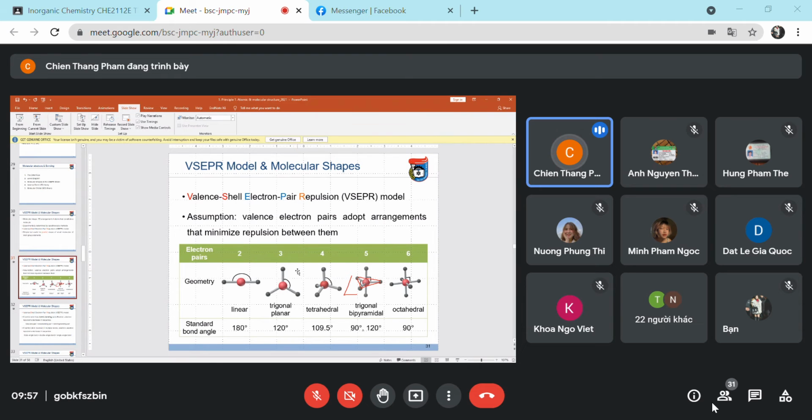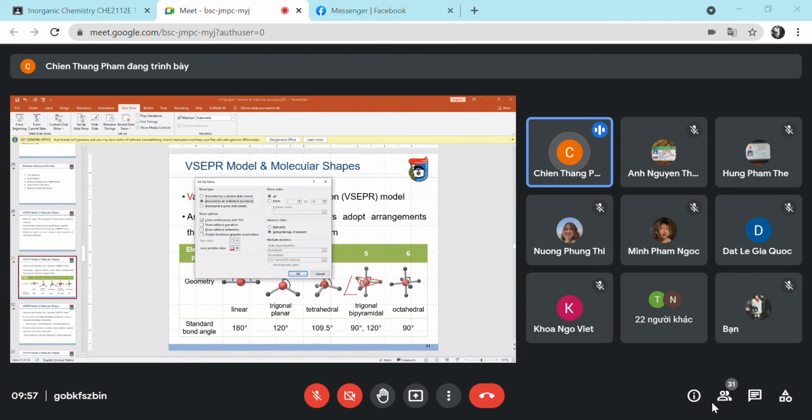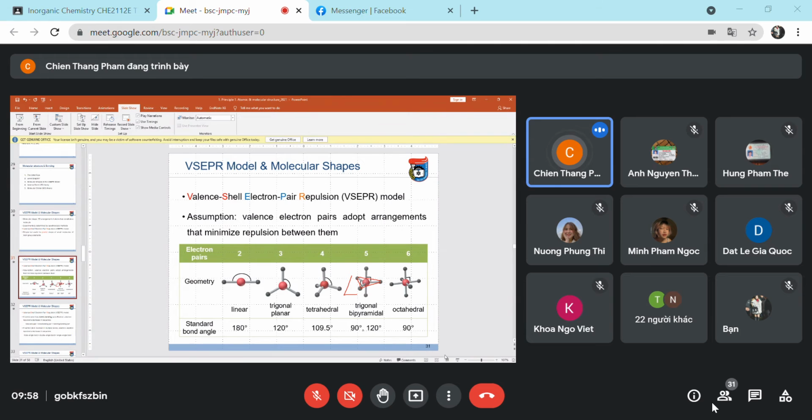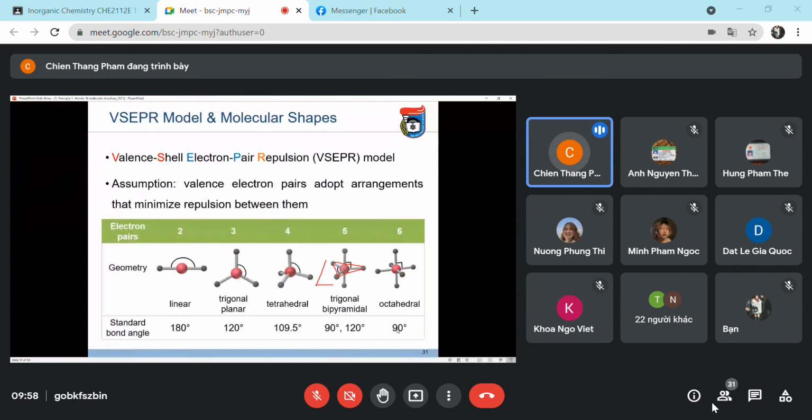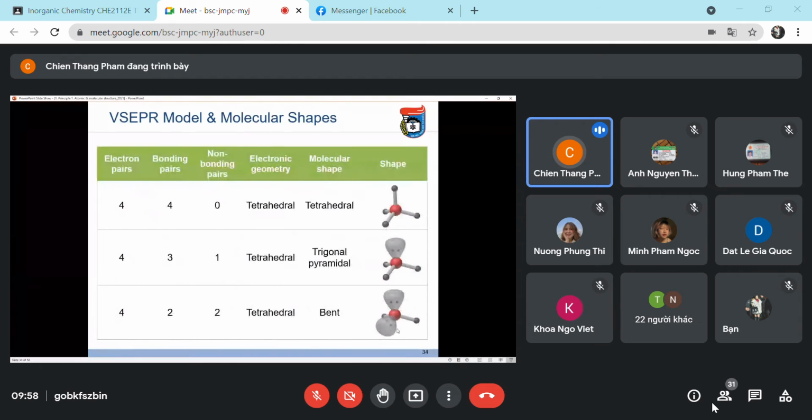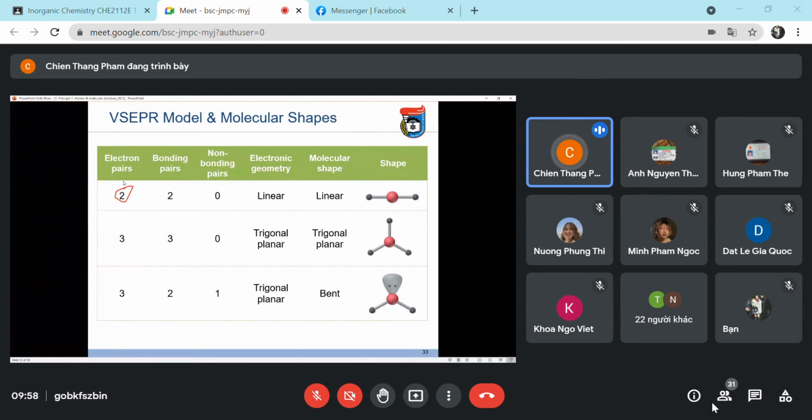When I choose this option, I could not draw anything on the lecture. I don't understand what's happened here. Now you can see the movement of the slides, however I cannot draw on the slide anymore. So okay, we don't have any other option for this.